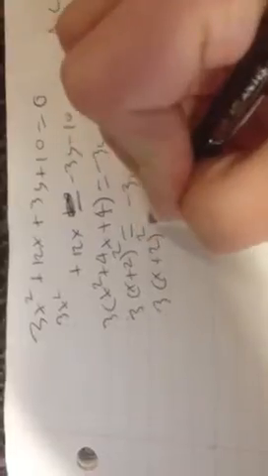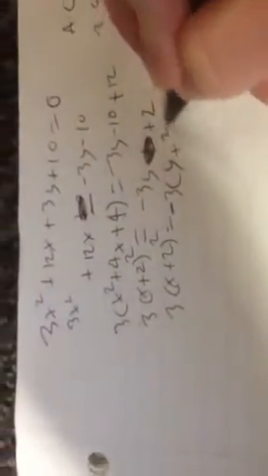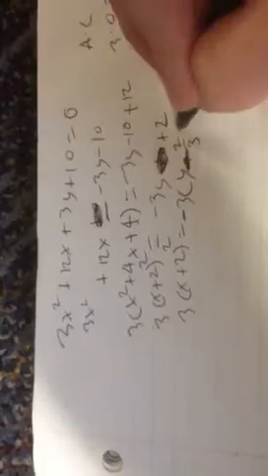Okay, and then next you change this side to negative 3 times (y minus 2 over 3), because of the negative there.